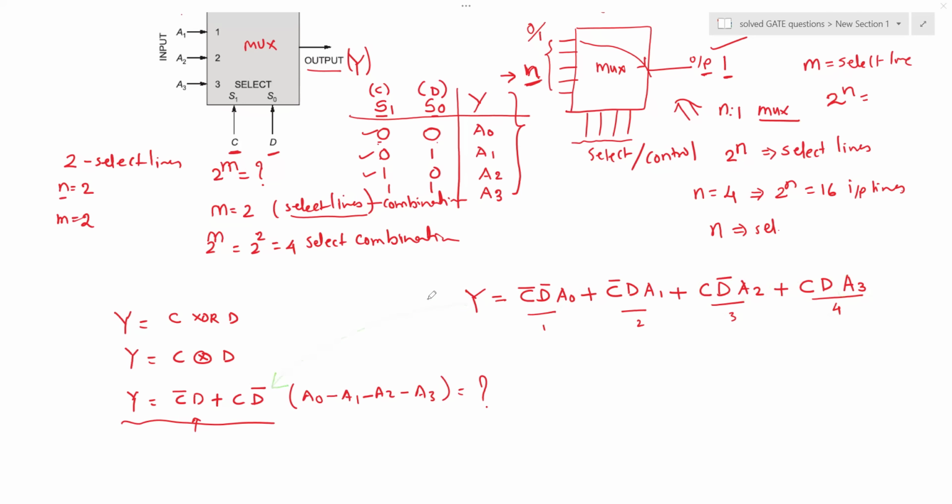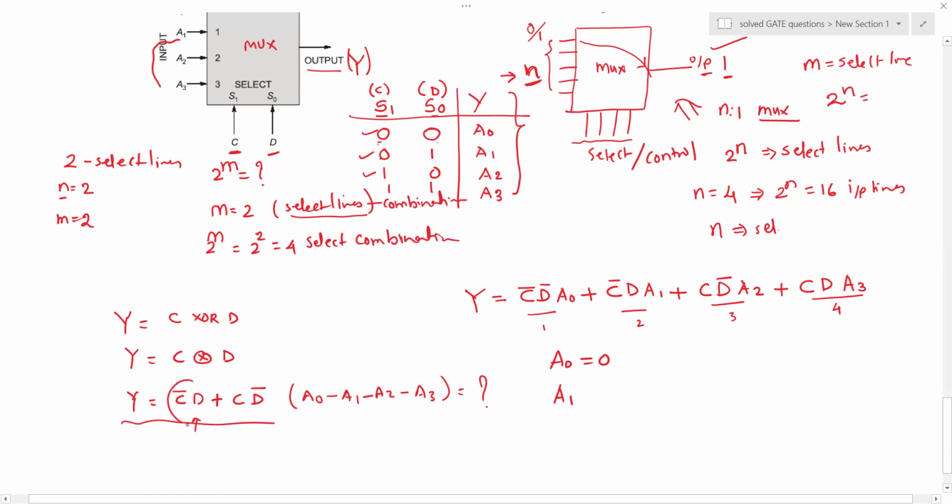Obviously, we know that if we set A0 to be 0, this term gets cancelled. So A0 should be 0. I will place these input values right here in the block diagram. And A1, it's very simple. I just want these two terms, C bar D and C D bar.